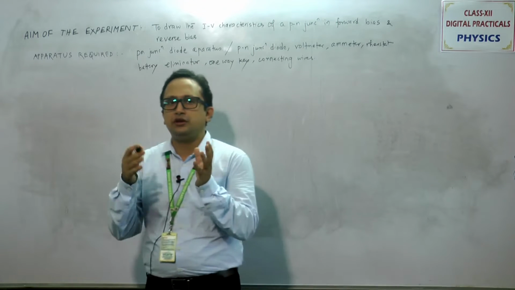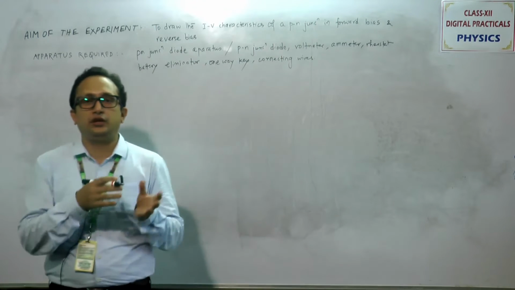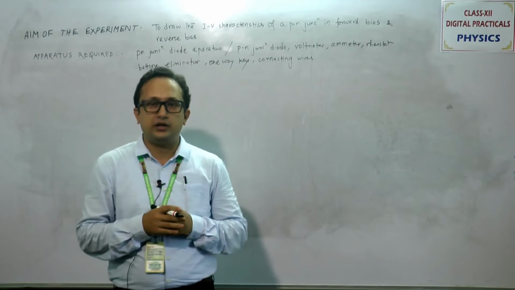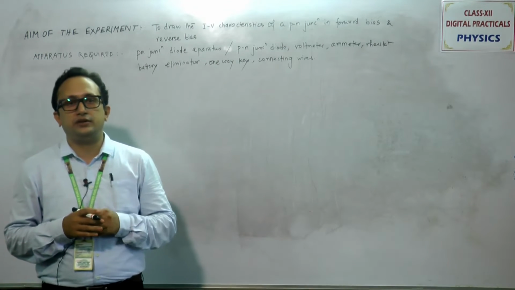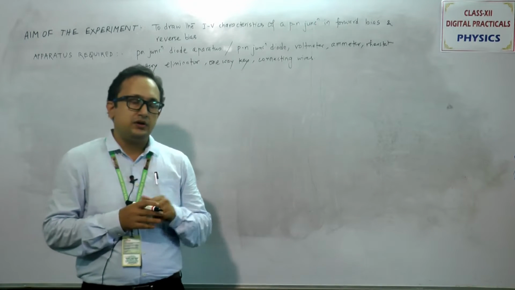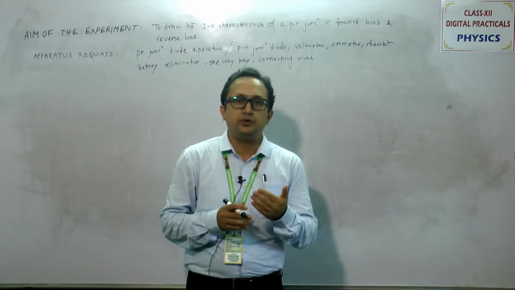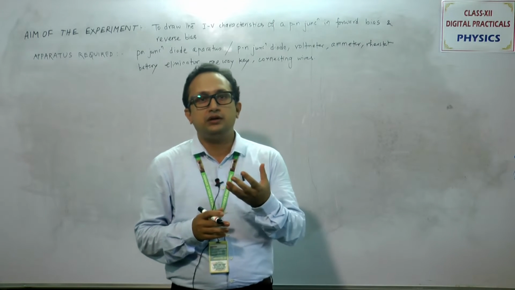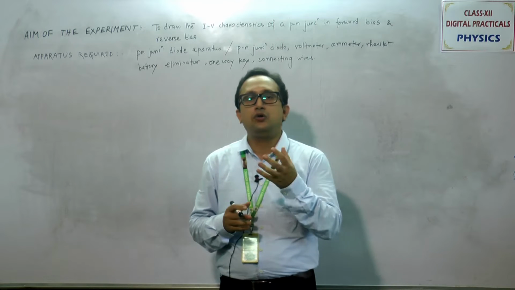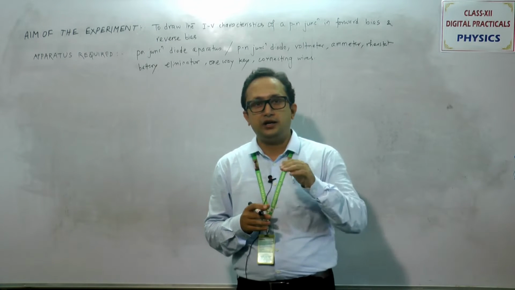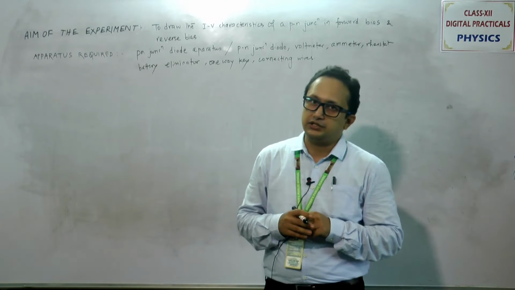For example, if you add phosphorus with silicon, then you get an N-type semiconductor where the majority charge carriers are electrons. Similarly, if you take silicon and you dope it with trivalent impurity like aluminum, then you get P-type semiconductors where holes are the majority charge carriers and electrons are the minority charge carriers.